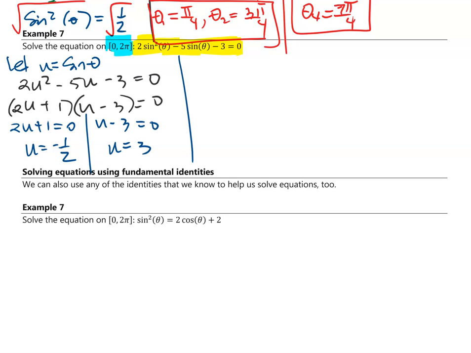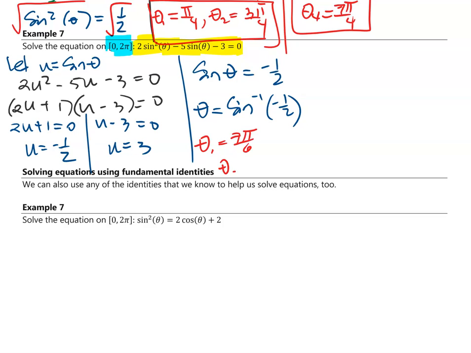And don't forget we use u equals sine theta. So we have these two values of u. So sine theta is equal to negative 1/2. Inverse trig both sides. So inverse sine of negative 1/2, and that is 7 pi over 6 and 11 pi over 6.